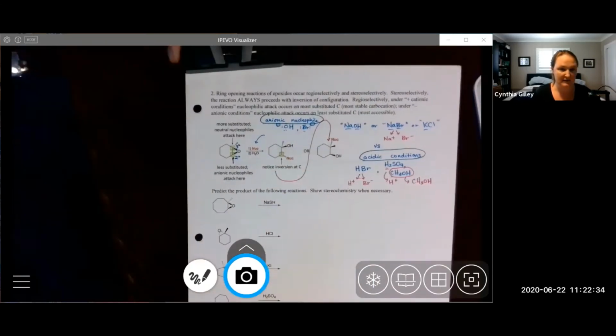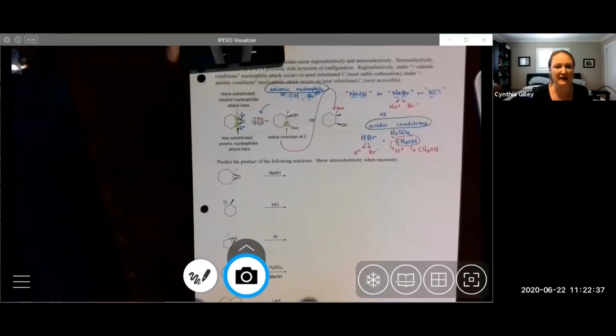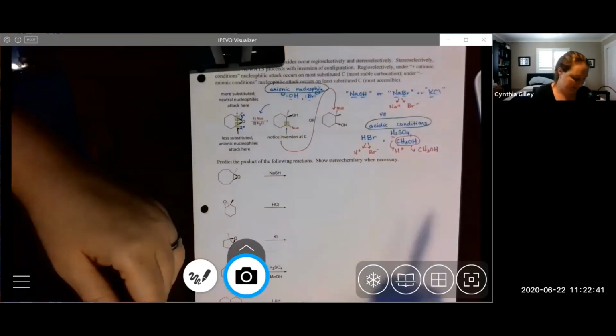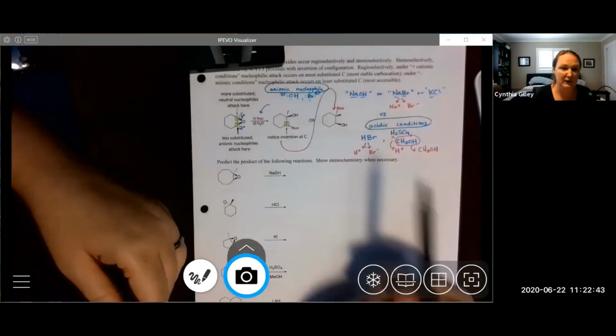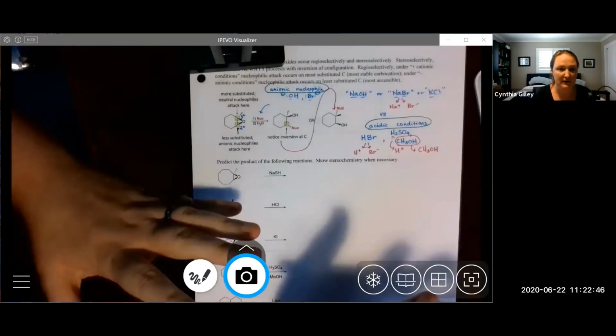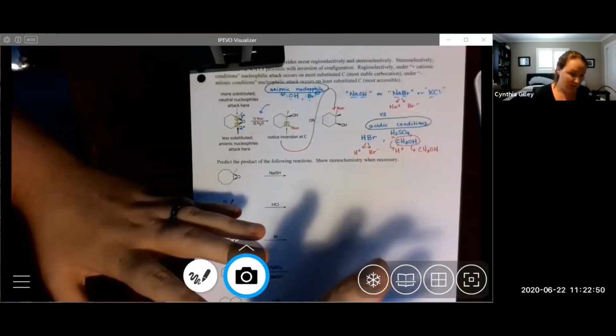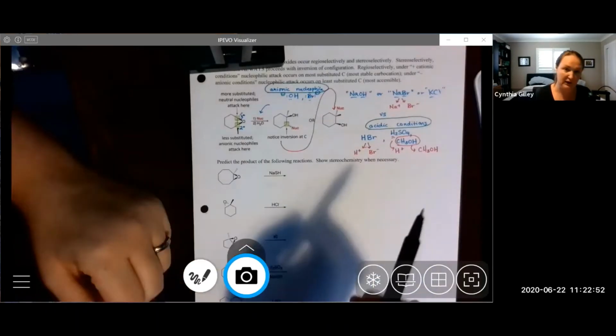The simplified explanation is, if you have an anionic nucleophile with no acid around, a strong nucleophile condition, it will attack at the less substituted carbon.